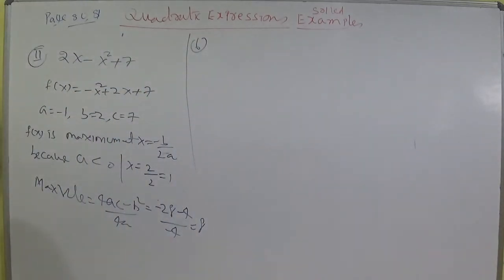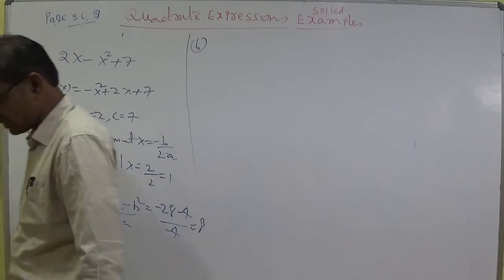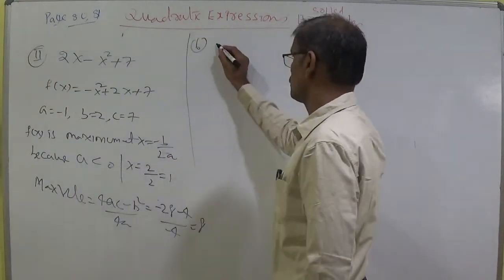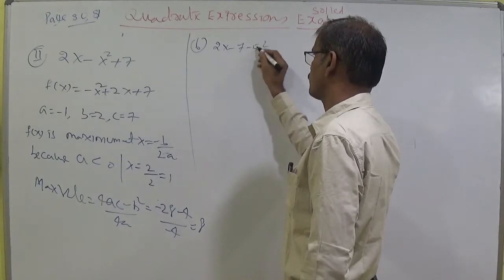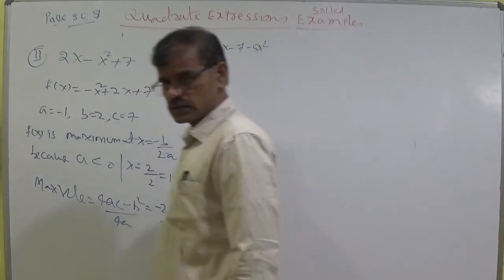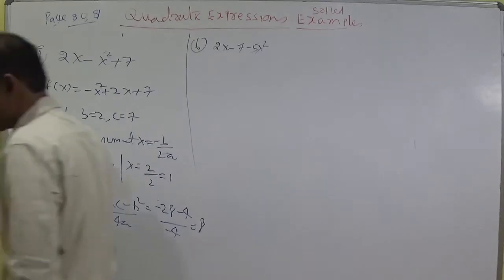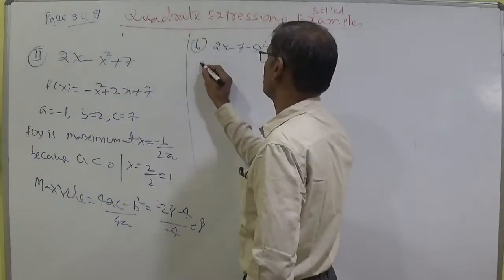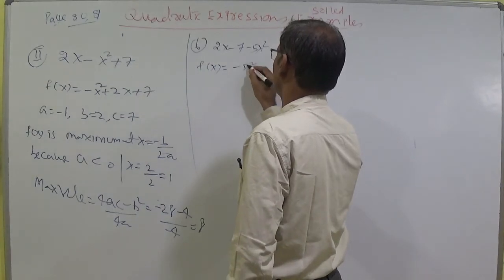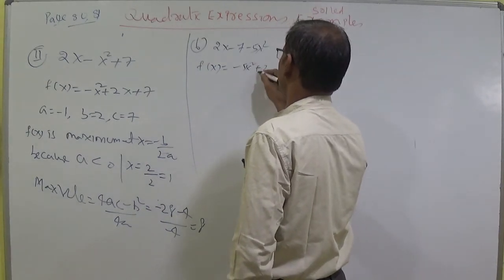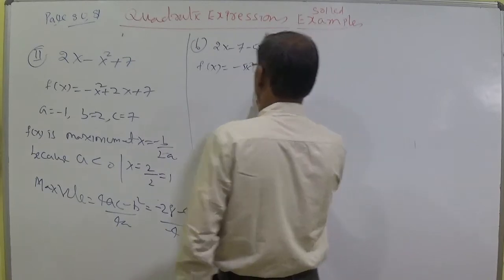Next, sixth question, page number 81. Find the maximum and minimum value of the expression 2x minus 7 minus 5x square. In the similar way, you can understand f of x is equal to minus 5x square plus 2x minus 7.